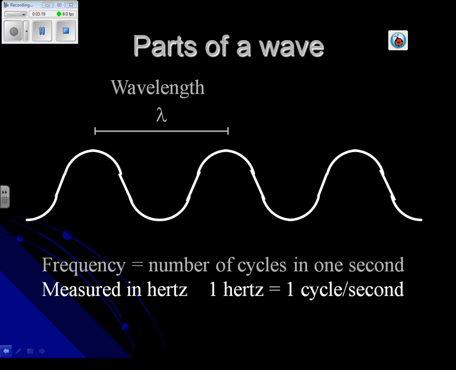Because we don't generally use cycle or wave as a unit, basically what a hertz is, is 1 over second. Whatever per second. Now, often you will see that expressed as s to the negative 1 power, because anything to the negative 1 power is 1 over that thing. And that's from 8th grade math. That's why you learned it.